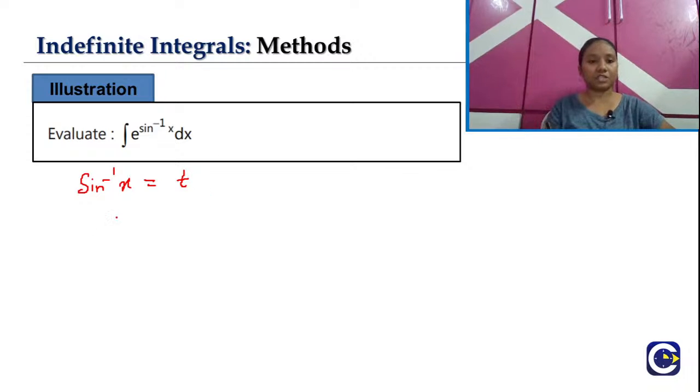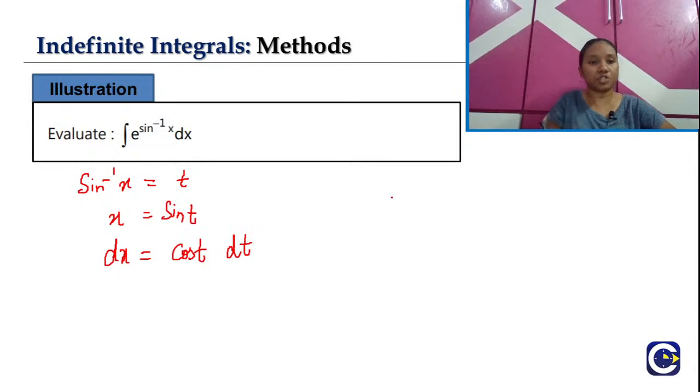If I have substituted my sine inverse x to be t, what will be my differentiation here? From here, this can be written as x is equal to sin t. Yes or no? So my differentiation now will be dx equal to cos t dt.